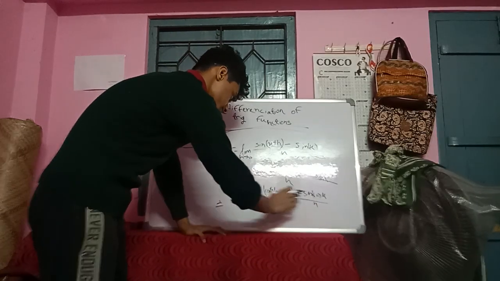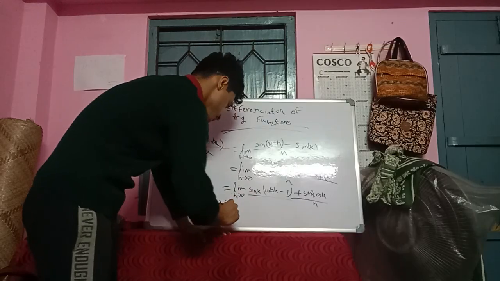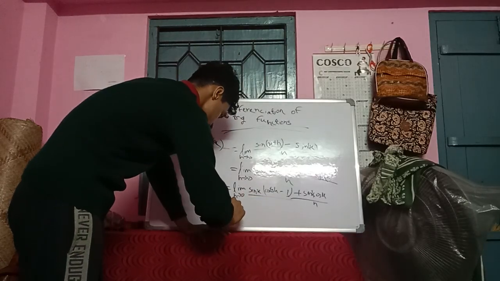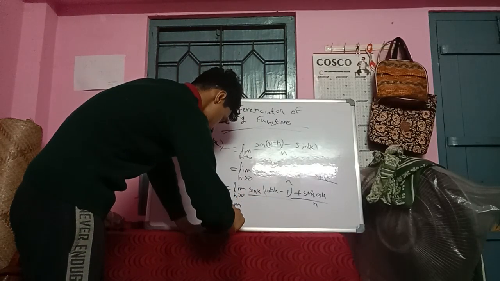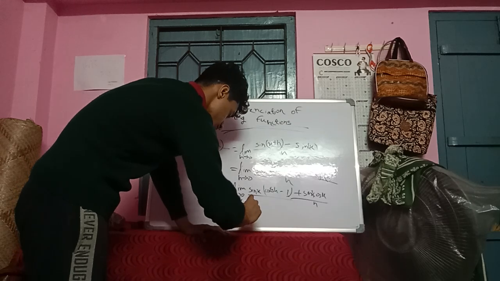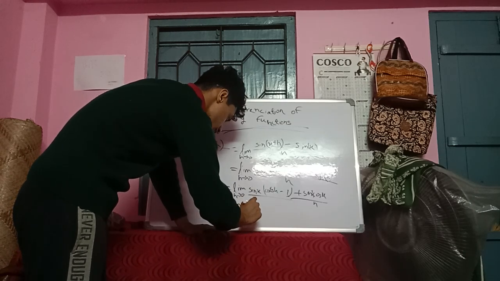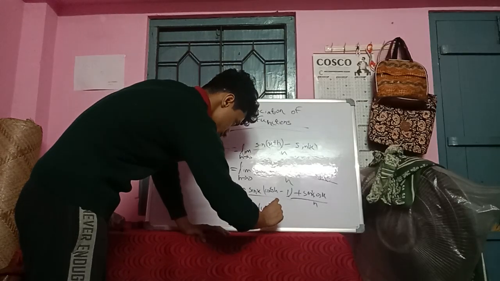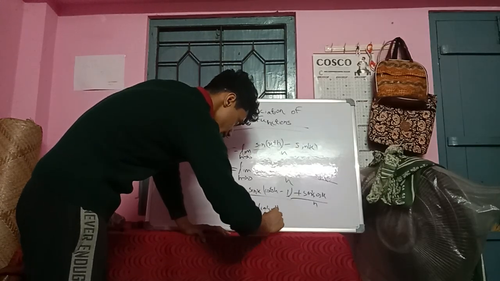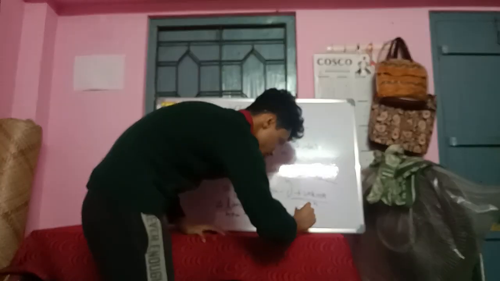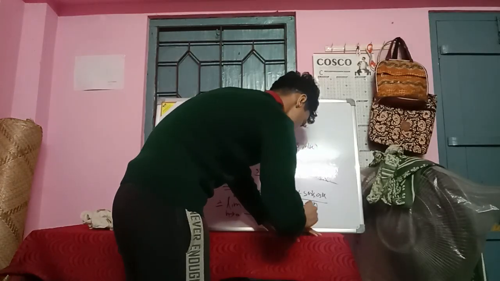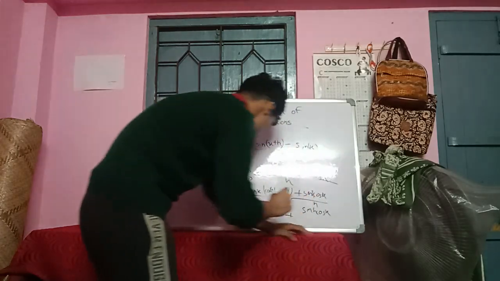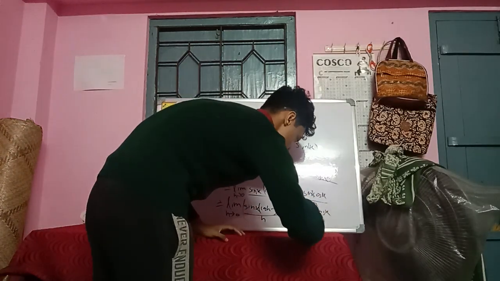Now we can split this in two. We can rewrite this as the limit as h tends to 0 of sine of x times cosine of h minus 1 over h, plus sine of h times cosine of x over h, where the limit is applied on this whole thing.